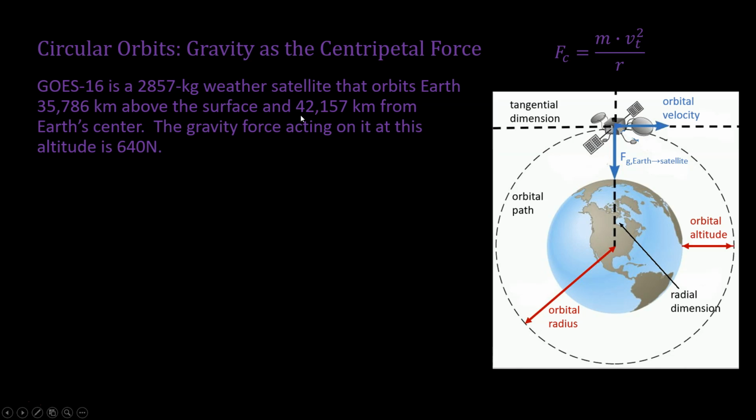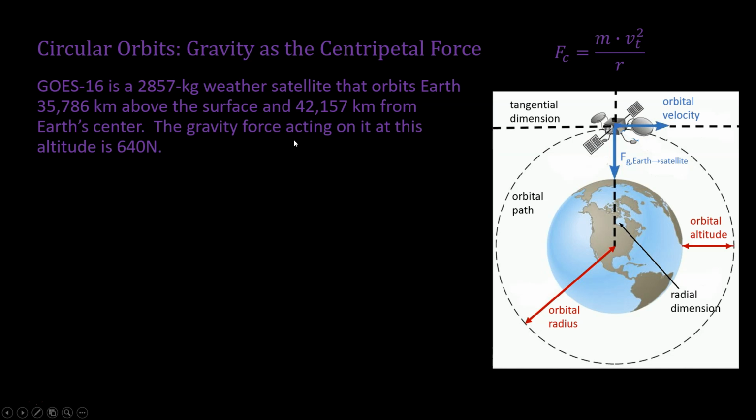And when we do that, we get 42,157 kilometers, and that's because the Earth's radius is 6,371 kilometers. So we add the 6,371 kilometers to the orbital altitude, and that gives us the orbital radius, which is measured from the Earth's center.